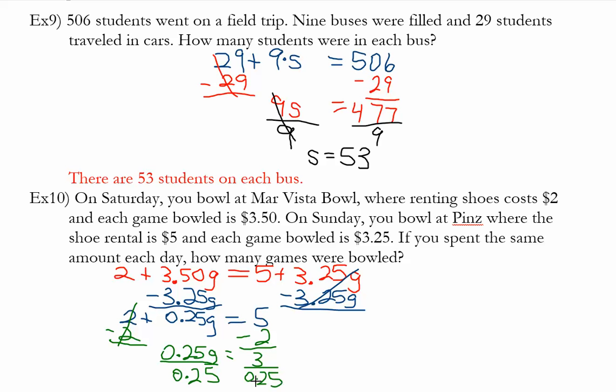Let's put this decimal in there a little bit better. With that being gone, our final answer is that we bowled 12 games in order to make that price match, which means your arm probably fell off, but you kept bowling through it.